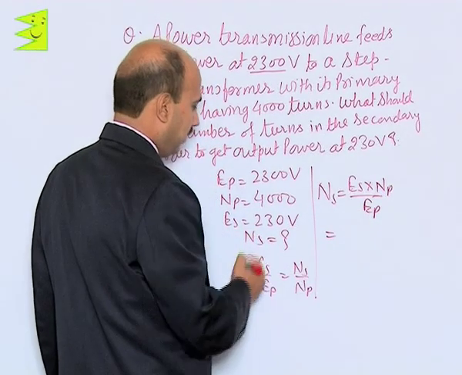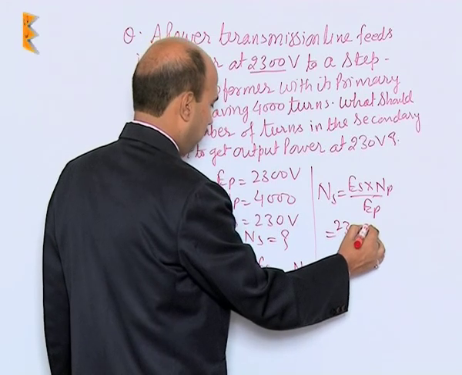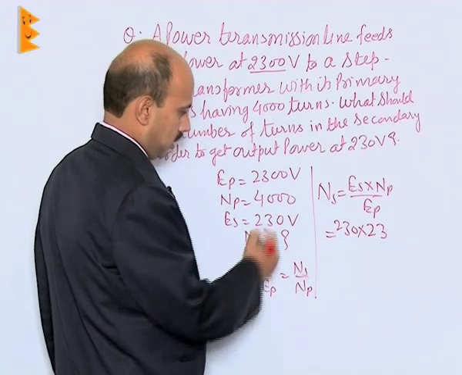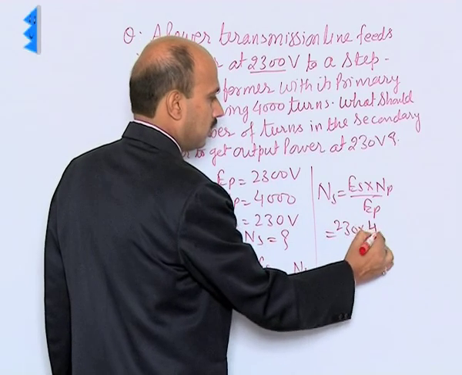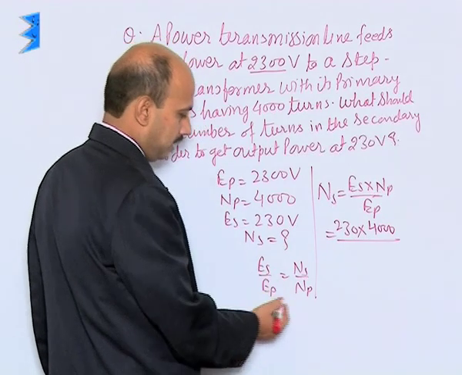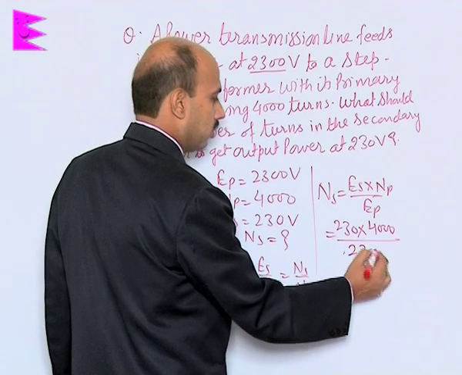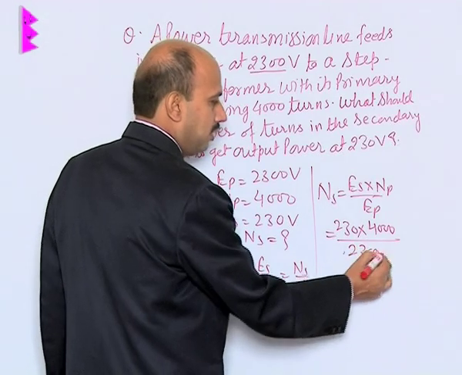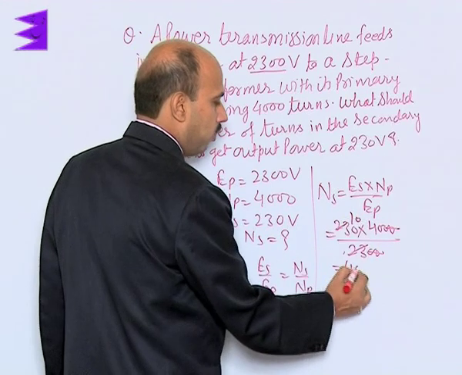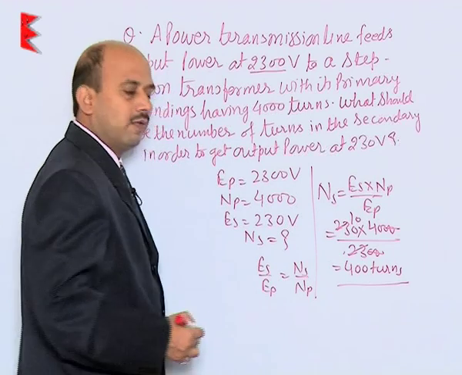ES is given to us as 230, into NP, which is given here as 4000, divided by EP, which is given here as 2300 volts. So, we can cancel this 0 and this, and here we get 400 turns. So, NS is coming here 400 turns.